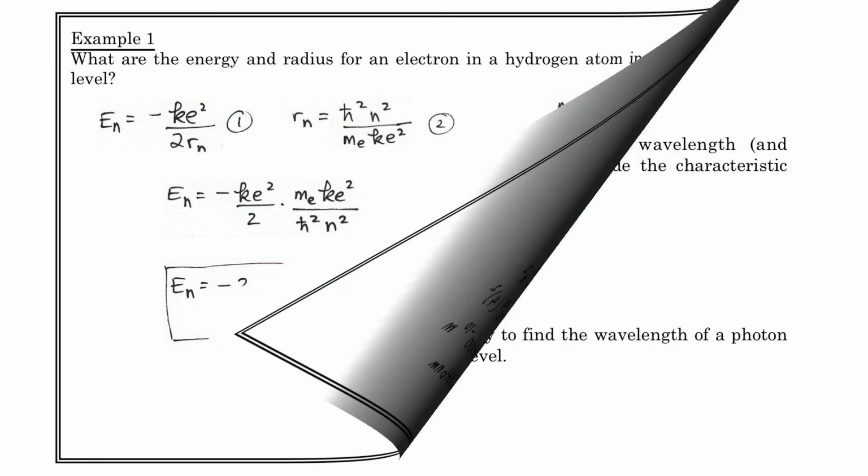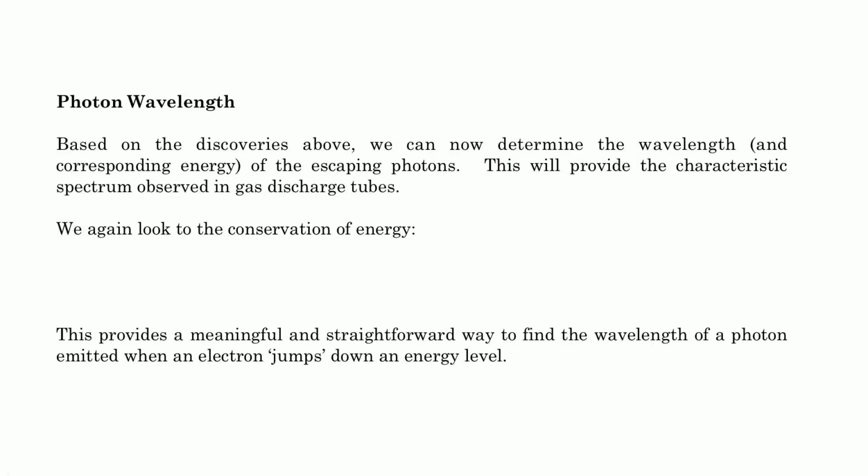So these things are really helpful because now we can start talking about photon wavelength. Based on the discoveries above, we can now determine the wavelength and the corresponding energy of the photons that escape when electrons jump from one energy level to another. And this is what provides the characteristic spectrum that we observe in gas discharge tubes.